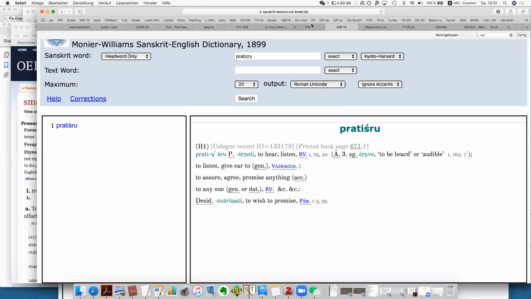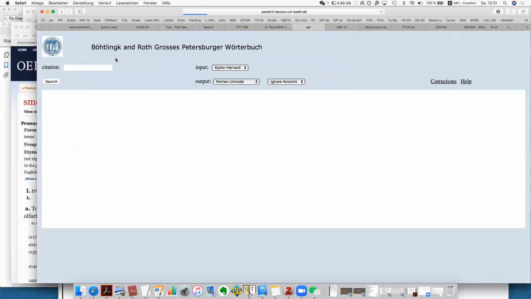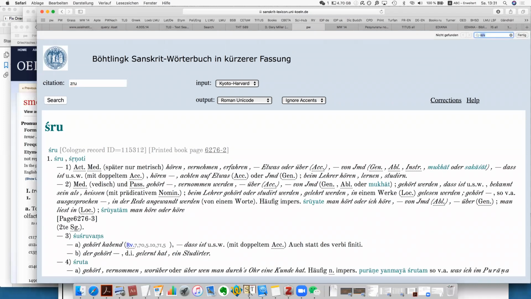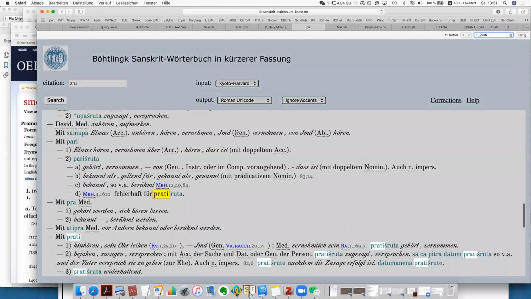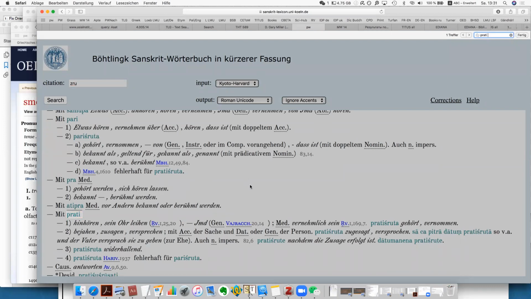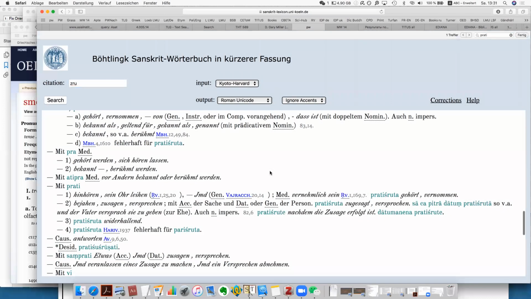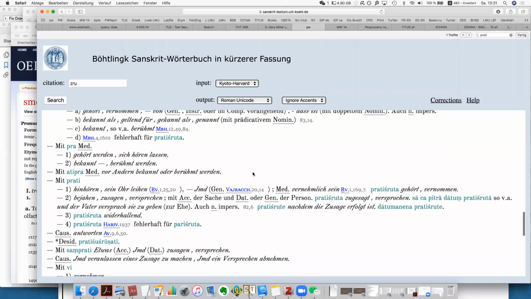Probably we can check the German dictionary. Okay. So this is another thing that I want to point out. To assure, to promise something. Yeah.